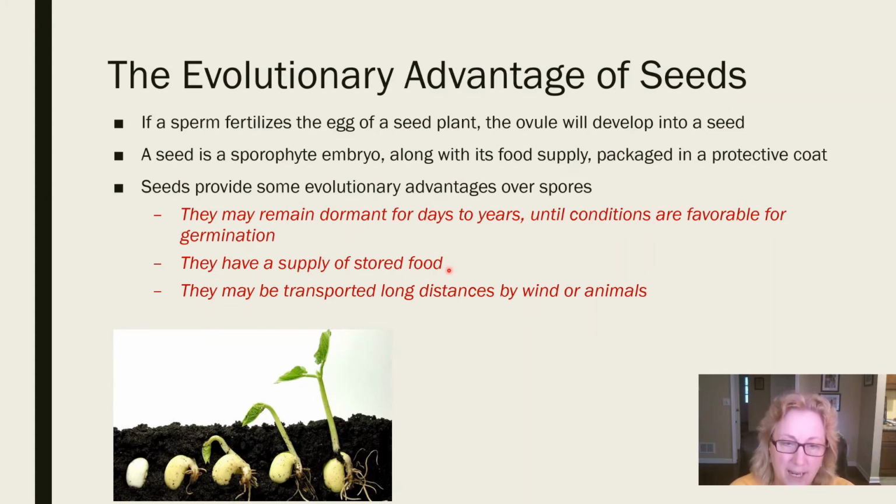Seeds also don't have to photosynthesize right away. They don't have to have a living gametophyte to live off of like a fern embryo does. The fern sporophyte embryo has to have that living gametophyte to mooch nutrients off of. But for seed plants, the nutrients are already packaged in the seed. And the larger the seed, the bigger the cache of nutrients.